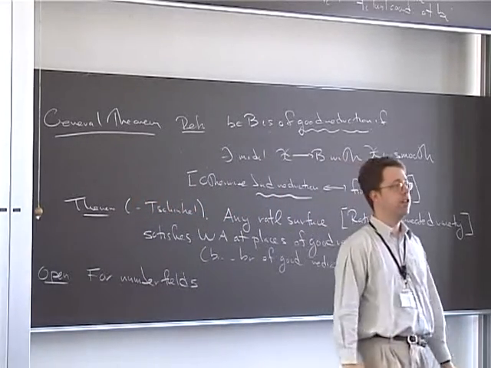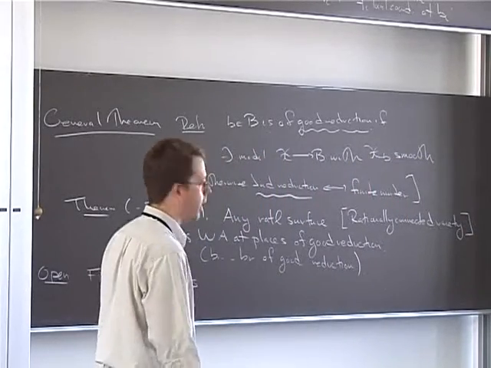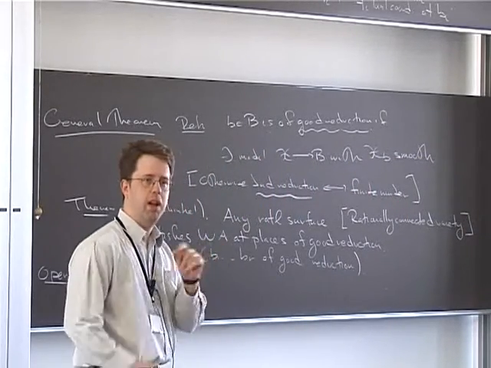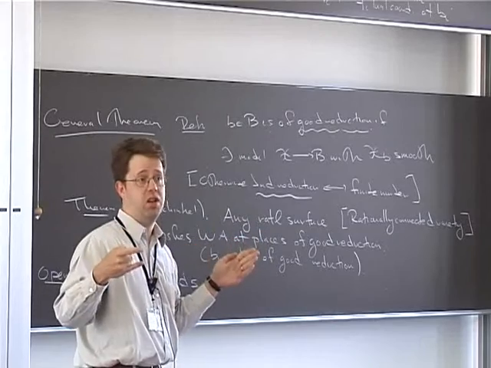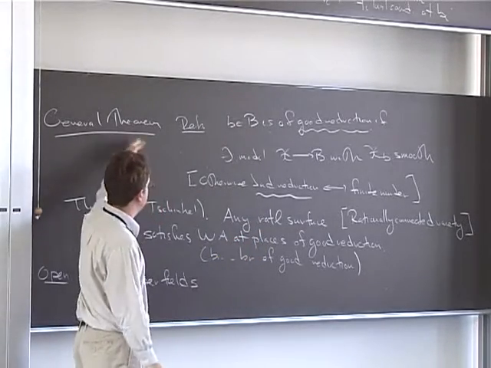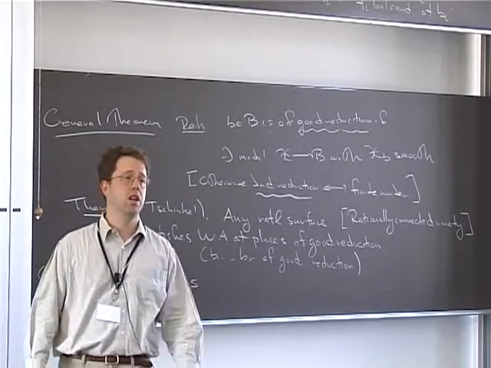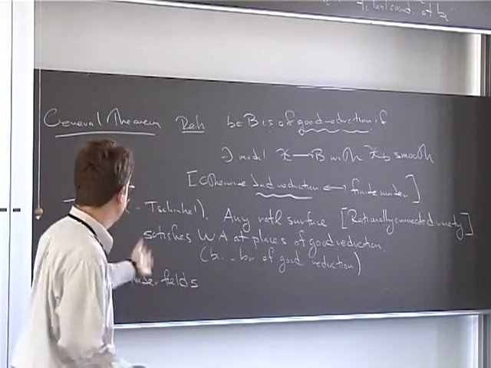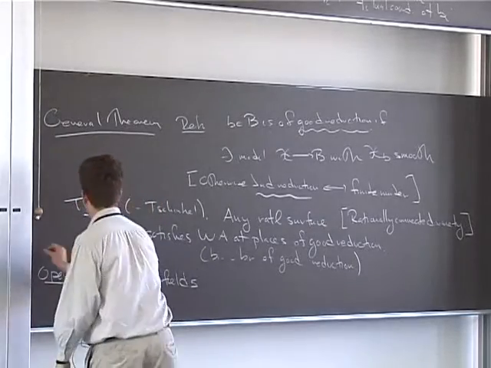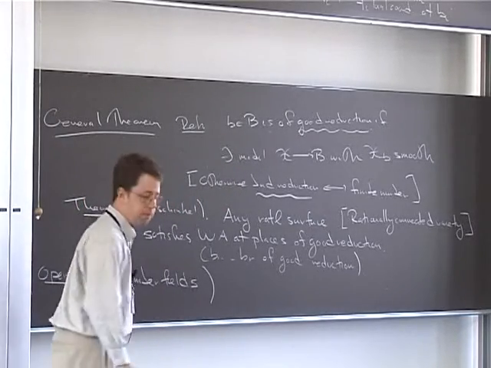So for number fields, if you take data which are not obstructed by the Brauer group, and you have data that can realize a section, it's not at all clear that you can, even if you assume that places are of good reduction, find a section. So this is much harder in the number field context.